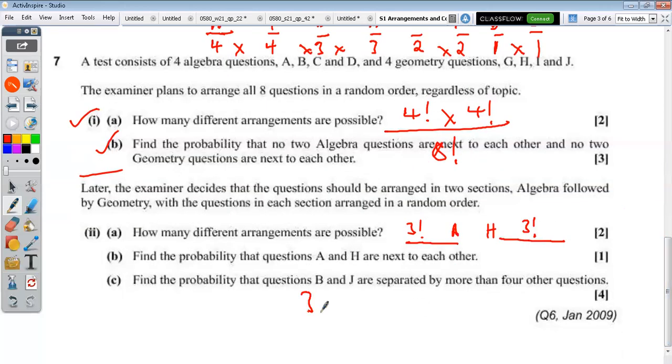So it will be 3 factorial multiplied by 3 factorial multiplied by the answer you got here. 4 factorial multiplied by 4 factorial, it's 576. Yeah, so maybe you can decide the, which gives you 1/16.